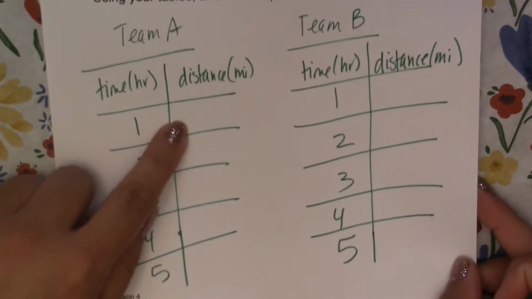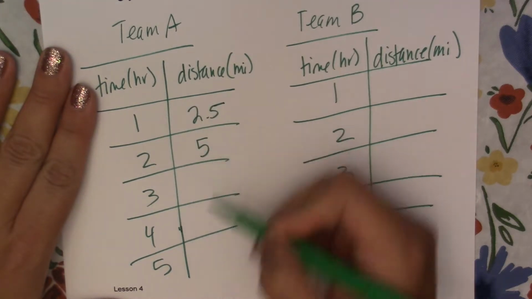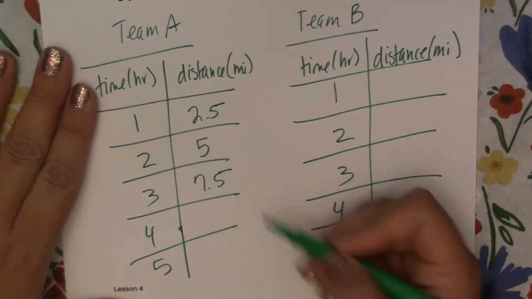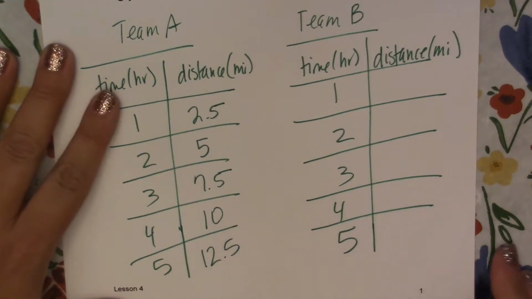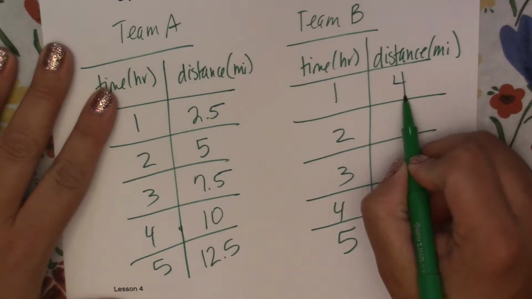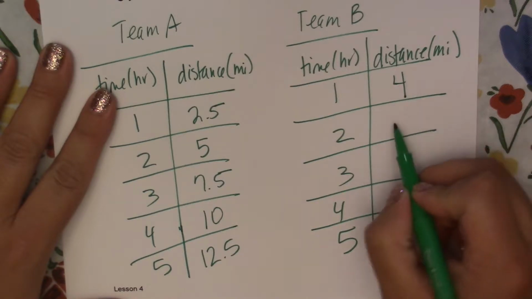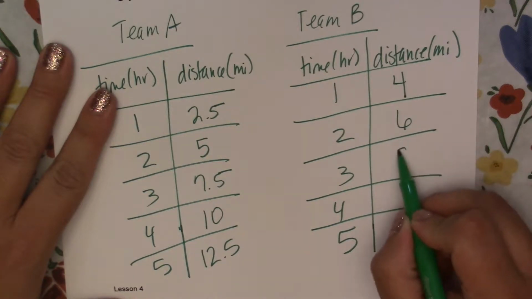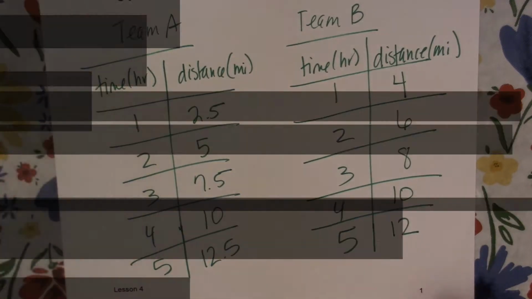So for the first hour, they go 2.5 miles. And then another would be a total of 5, and then 7.5, 10, and 12.5. Team B walked 4 miles the first hour, and then they only walked 2 miles after that. So we're going to add an additional 2 miles to this. So 6, 8, 10, and 12.